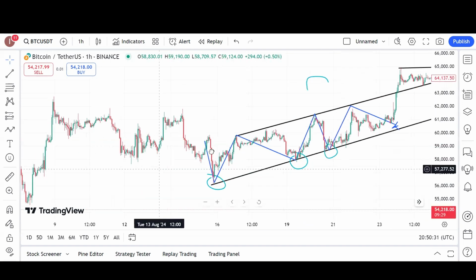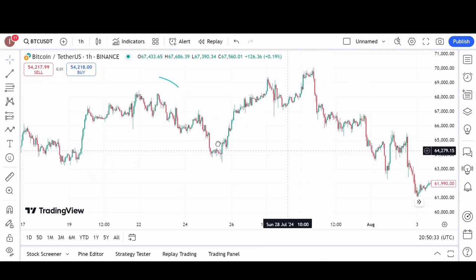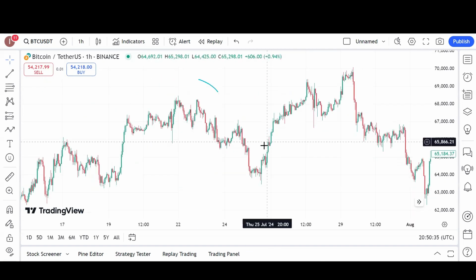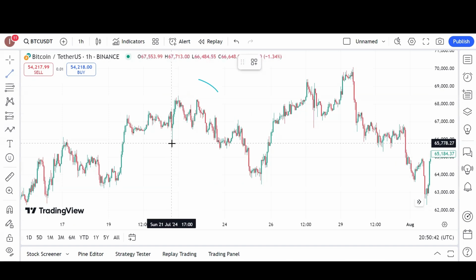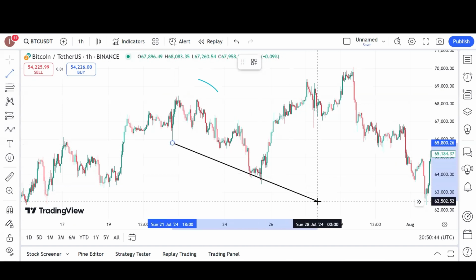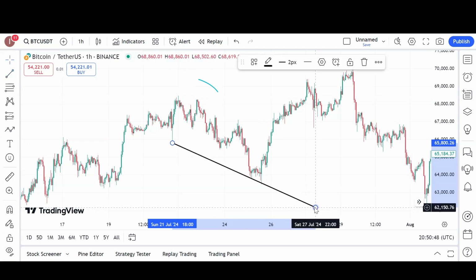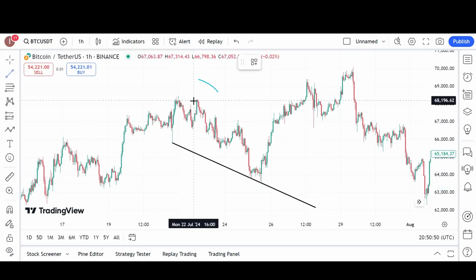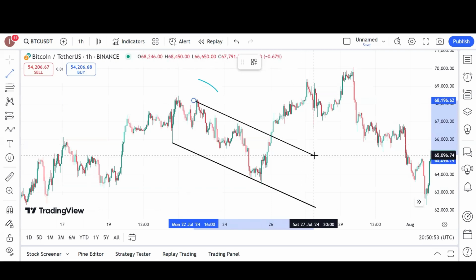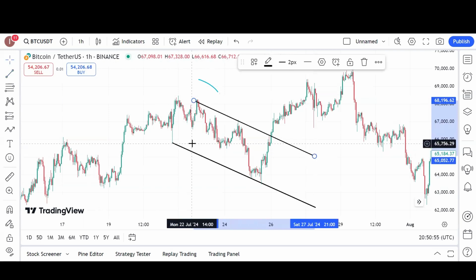Okay, and I will give you a third example for more clarification. Here you can see another accurate example.